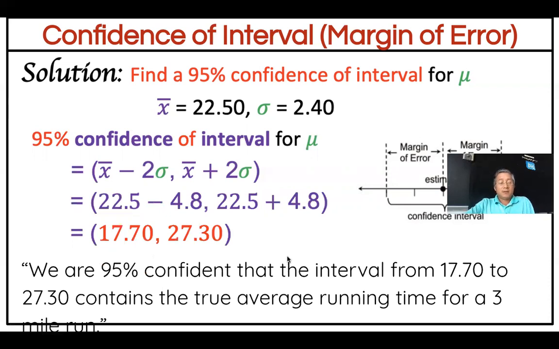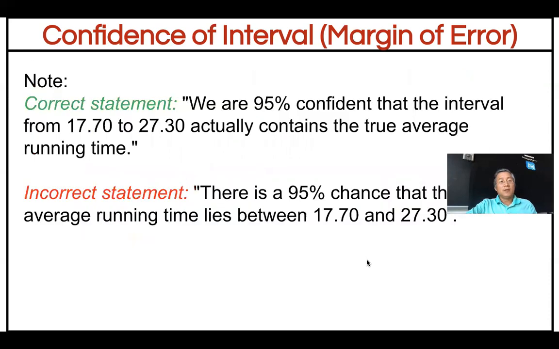So how do you state it? We are 95% confident that the interval from 17.70 to 27.30 contains the true average running time for a 3-mile run. All right. Please note that this is a correct statement.